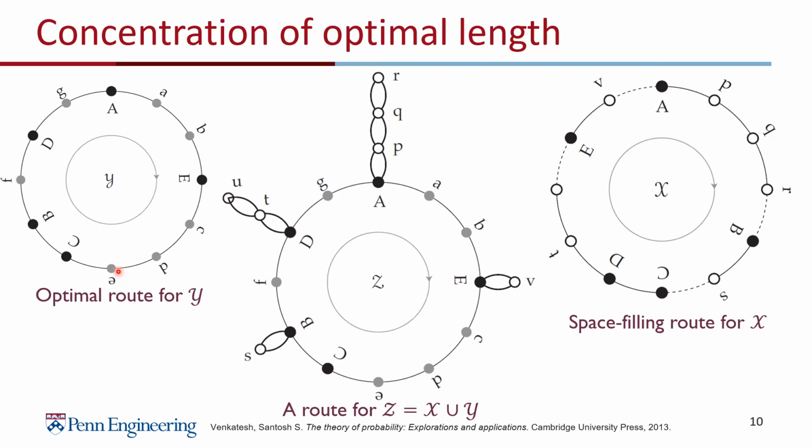If you look at the route for X, let's say you start from A, you're just going to go clockwise and visit all of these. You do visit all of them, but you're not visiting anything more than once.